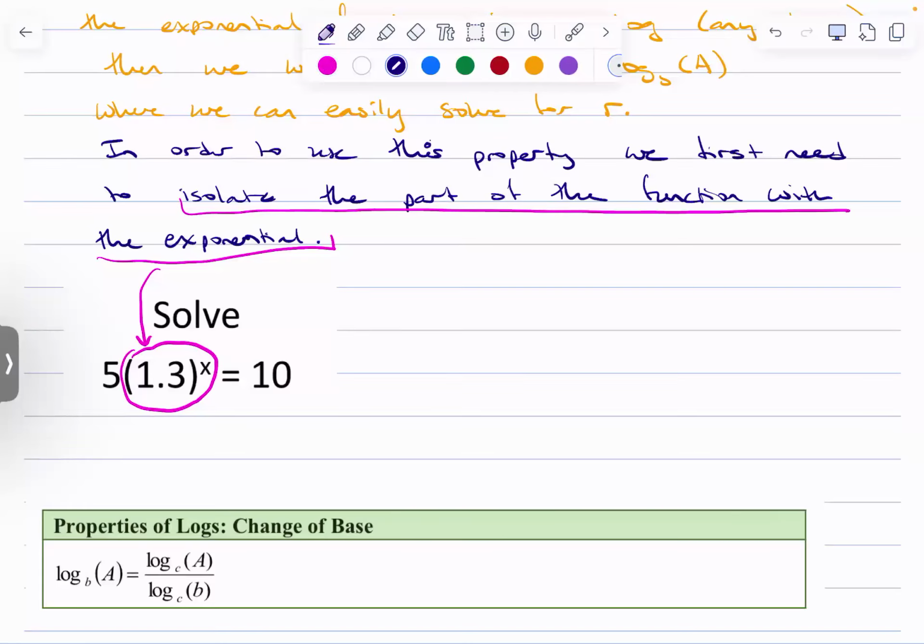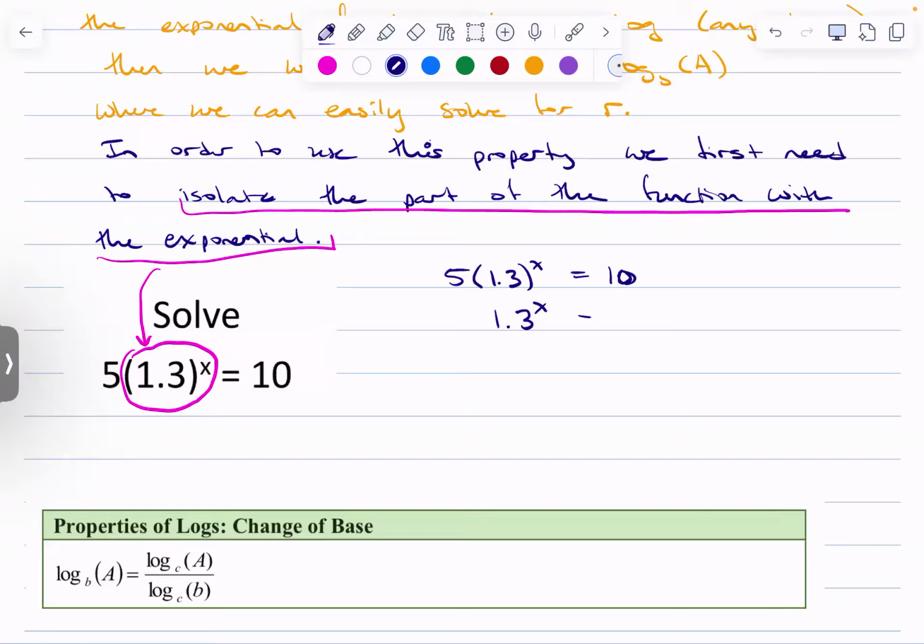And so what we find, 5 times 1.3 to the power of x, if that's equal to 10, then the first thing I need to do is isolate the 1.3 to the x by dividing both sides by 5.